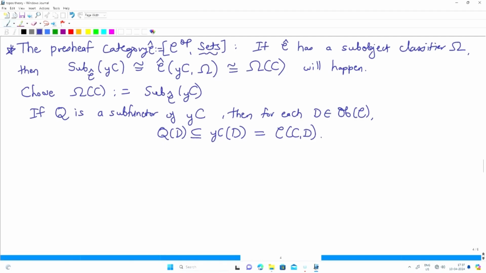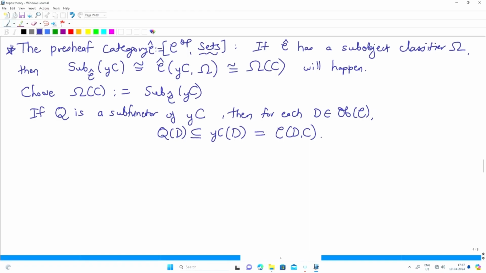No, shouldn't it be D to C? Yes, Yc is the representable functor, so it has to be the contravariant functor. So C of D comma C. So Q of D is a subset of this. Okay.